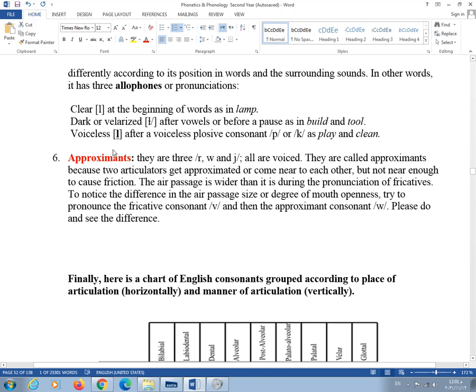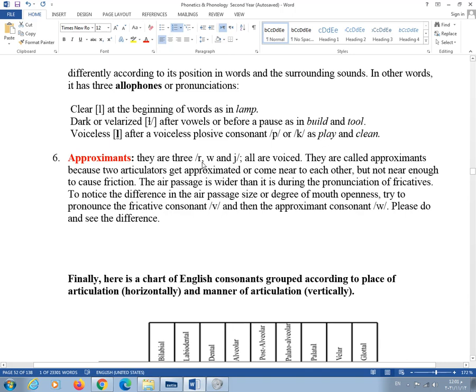What's the difference between approximants and fricatives? The narrowing in a fricative is greater than the narrowing in an approximant. We find that our mouth gets a little wider when we pronounce these sounds, so they are called vowel-like. We say W, Y, R. They look like vowels.